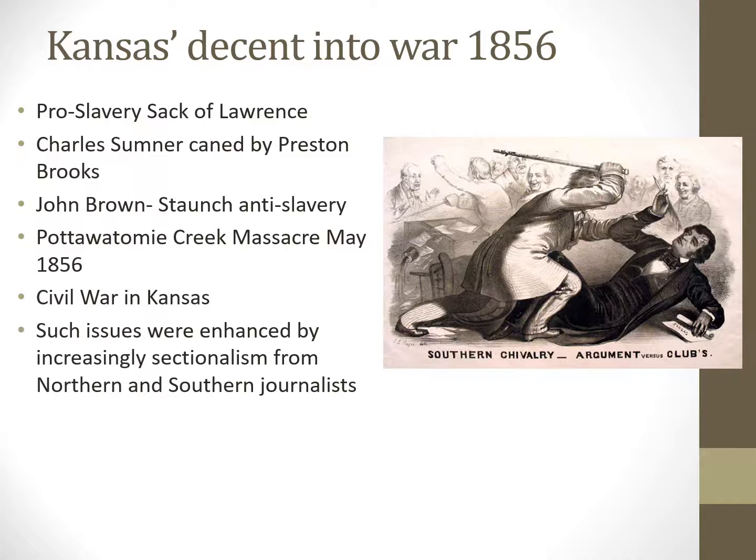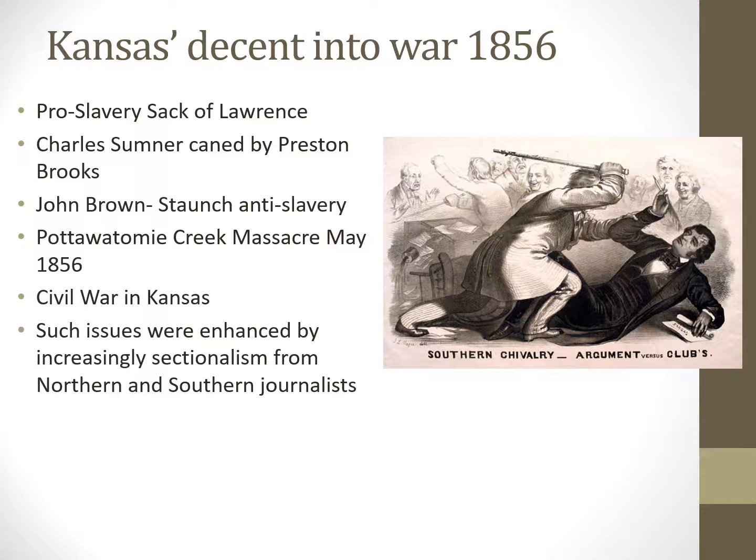At the same time, Charles Sumner, who was a senator from Massachusetts, in response to things like the sacking of Lawrence and the border ruffians that were raiding from Missouri, spoke with great anger against the Southerners.